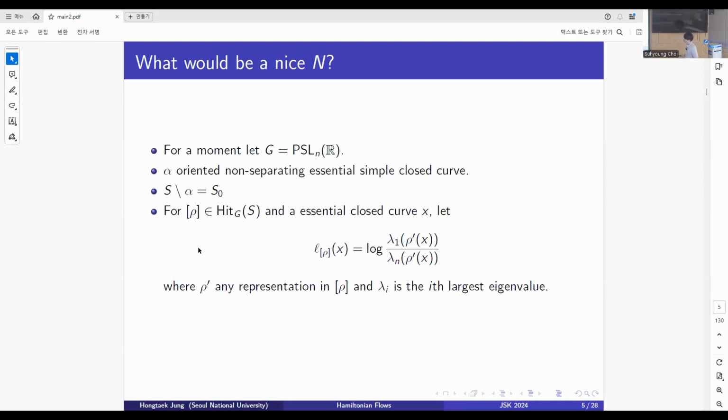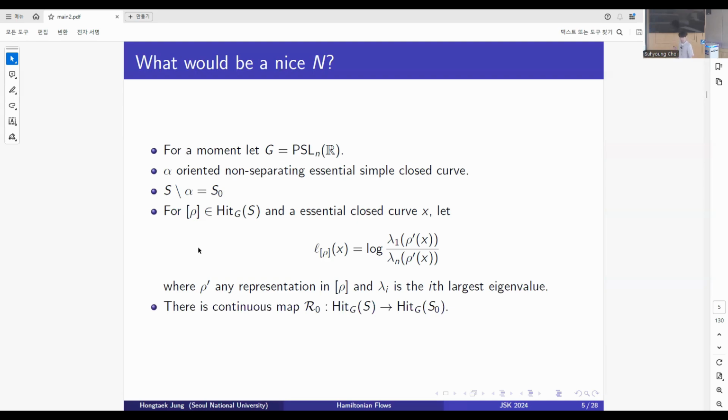And this quantity is well defined in the sense that it doesn't depend on the choice of rho prime in the conjugacy class, and it doesn't depend on the choice of X in its isotopy class, nor on the orientation of X. So this is really a well-defined length in the world of G-Hitchin representations.